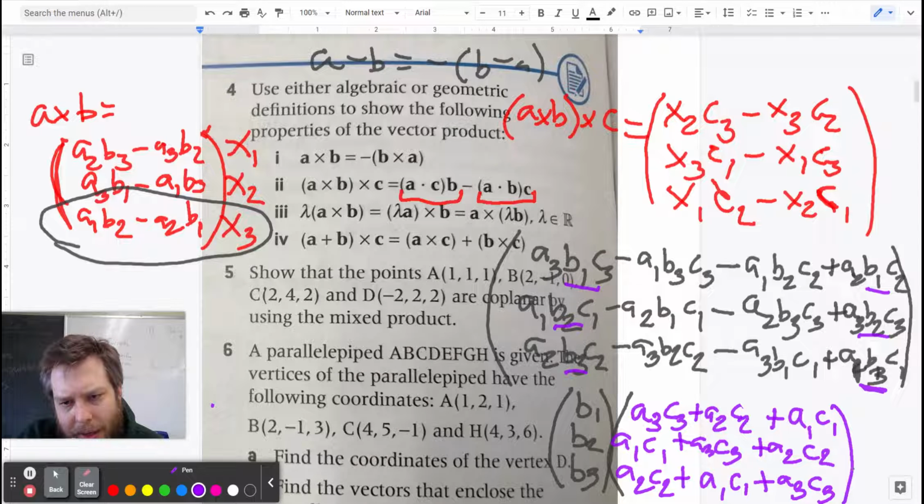Does that work? Interesting. I'm not seeing it working. How does this work? Is it possible that this formula is wrong?